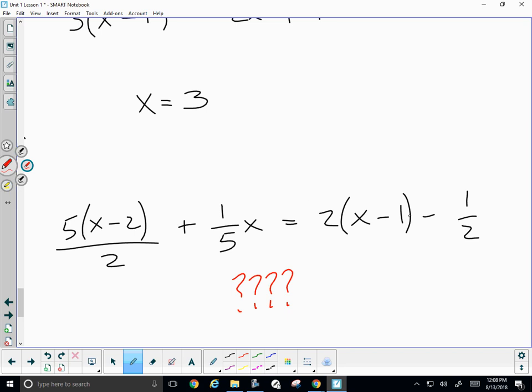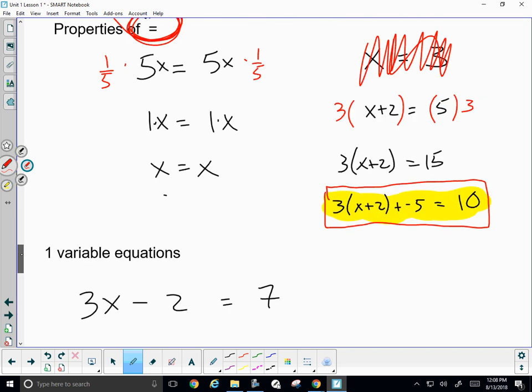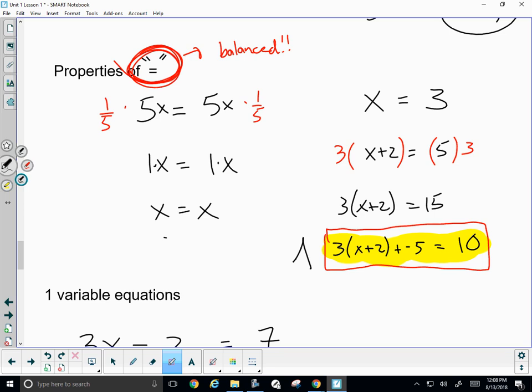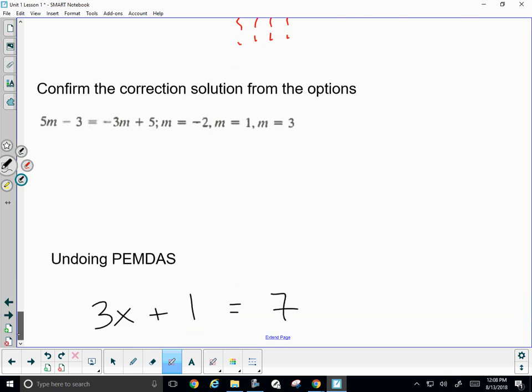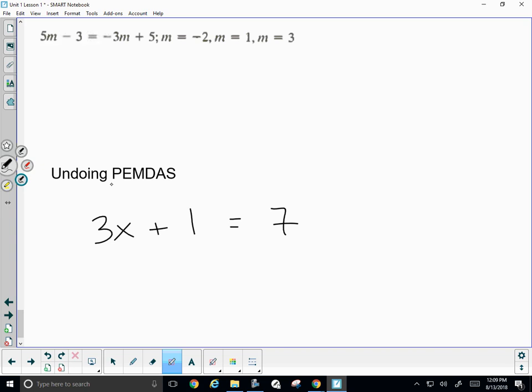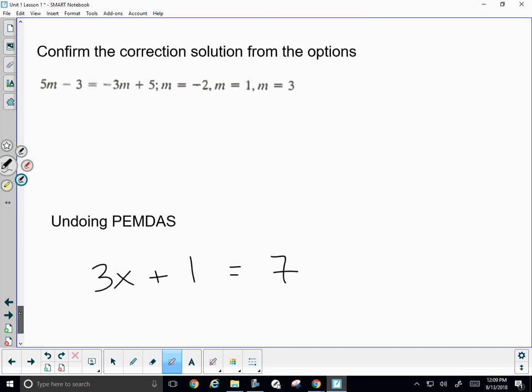How can I simplify this so that I take what starts out like this and remove some of these steps like I did in the opposite direction to end up here? So how can I start here and go this direction so that I get our answer, oh, x has to be 3 for this to be a balanced equation? And to do that, we will undo the order of operations, PEMDAS.